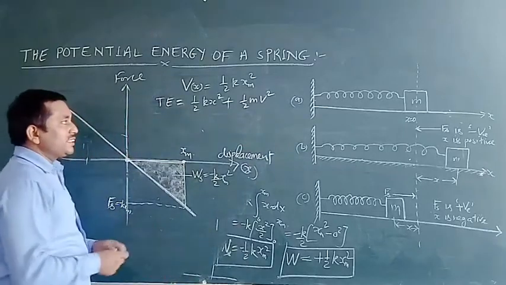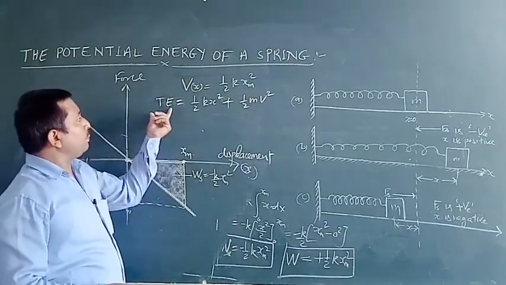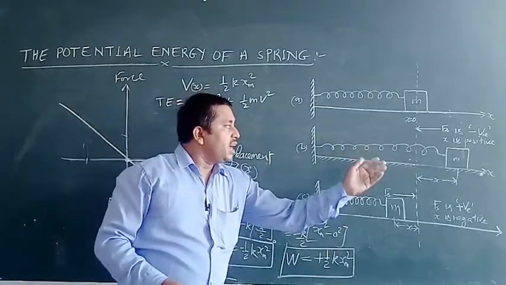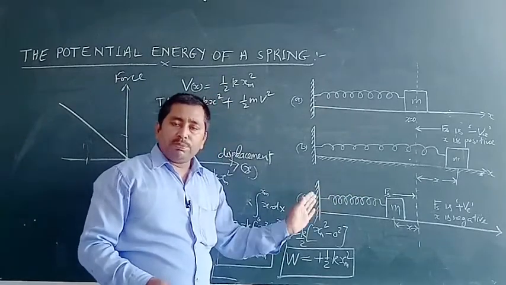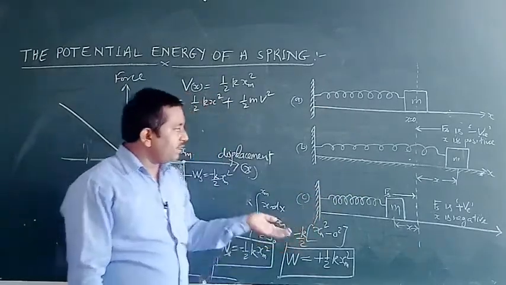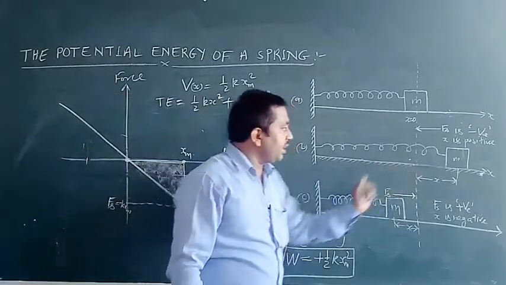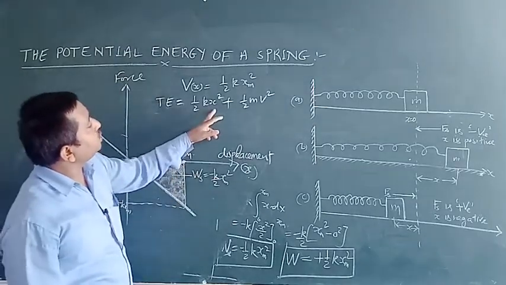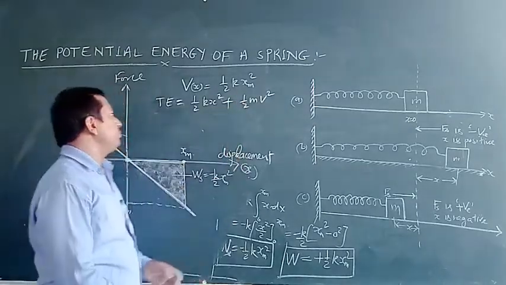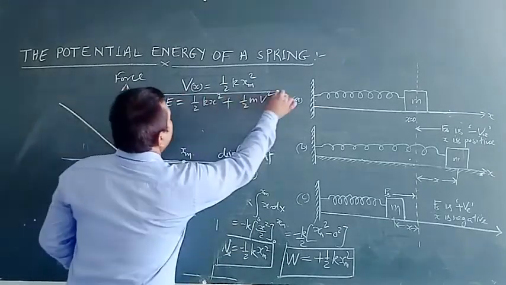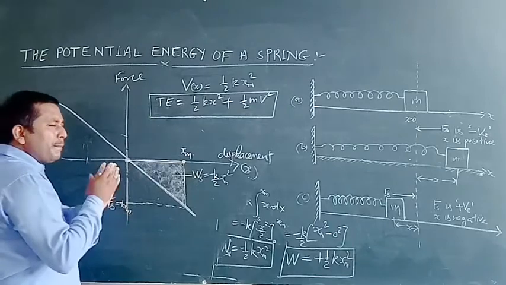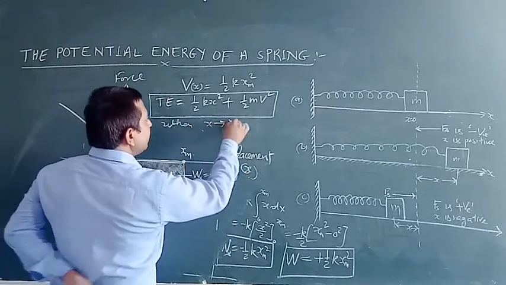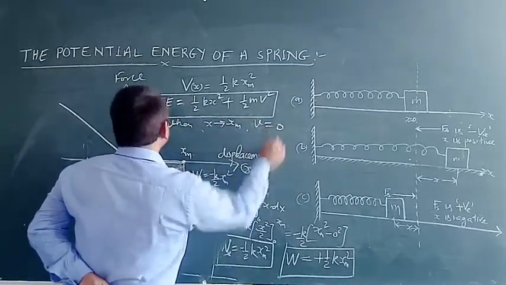So the total energy of the object, when released from its maximum displacement and reaching displacement x from the mean position with velocity v, is half k x square plus half m v square.